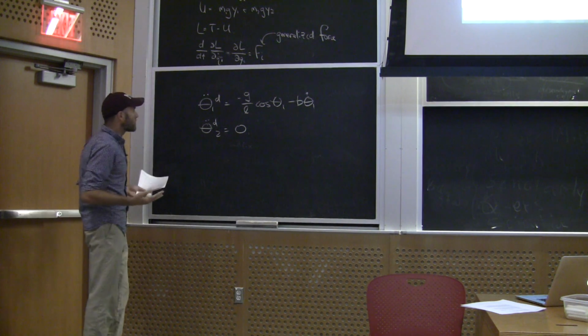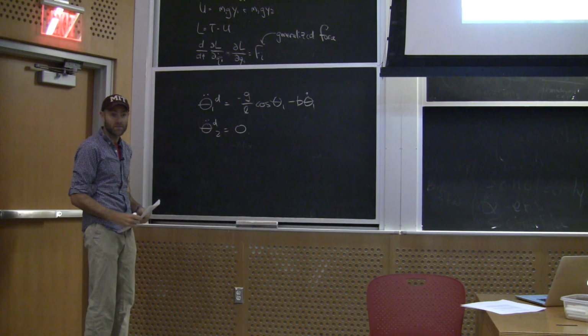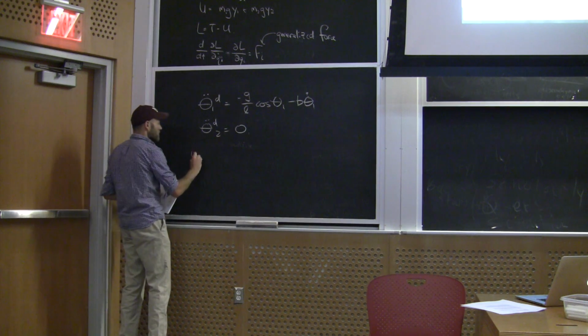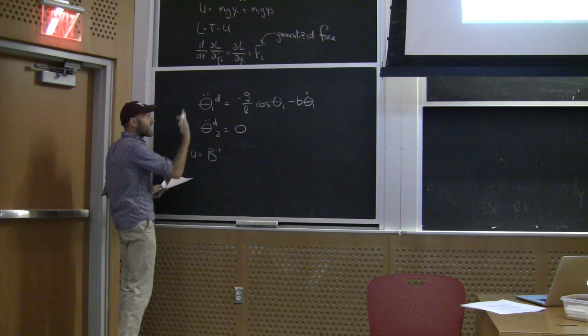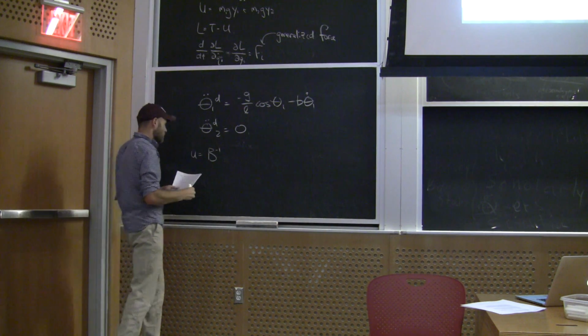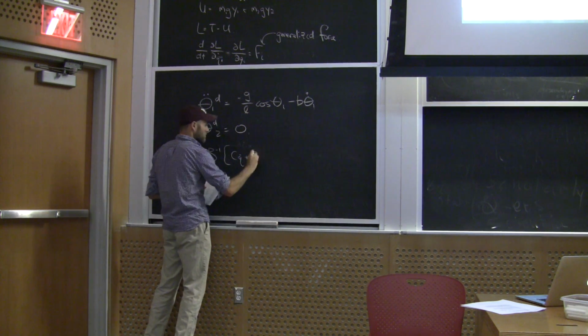Then I could write a controller that just imposes this totally different robot's dynamics on top of my dynamics, right? So I could just write down my feedback linearizing controller, which is exactly what I did before. I'm just going to take F2 inverse. The way it plays out is it looks like this.